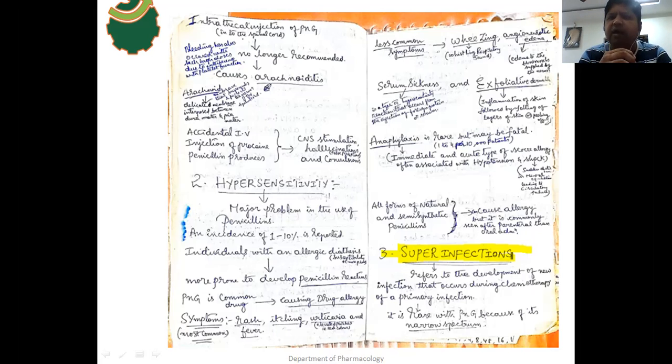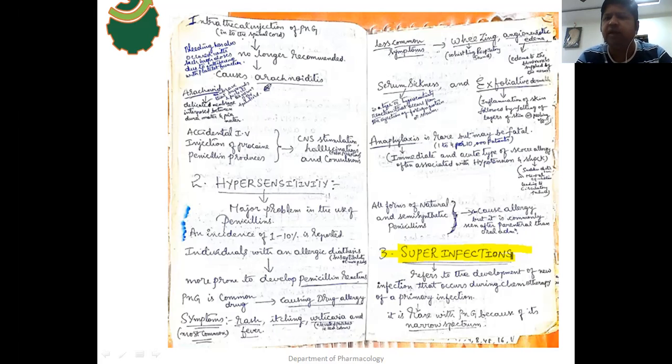That friendly bacteria will also be destroyed by broad spectrum antibiotics. That will result in several infections, including fungal infections, amoebiasis, helminthiasis, viral infections, etc. That is what we call super infection.